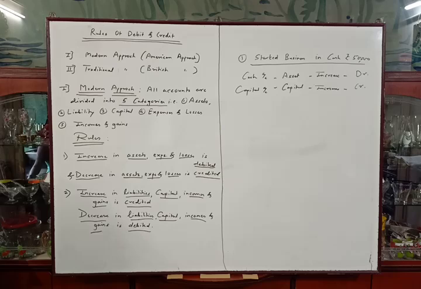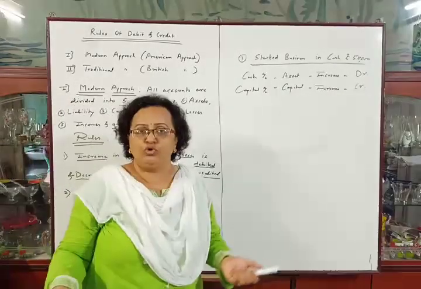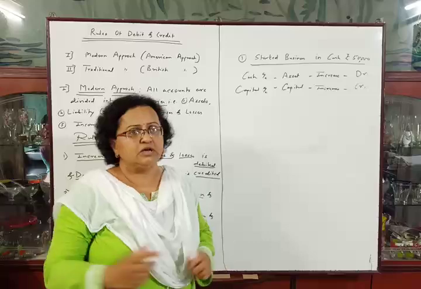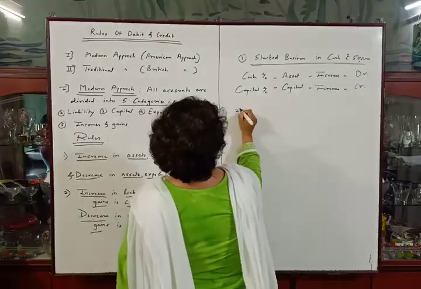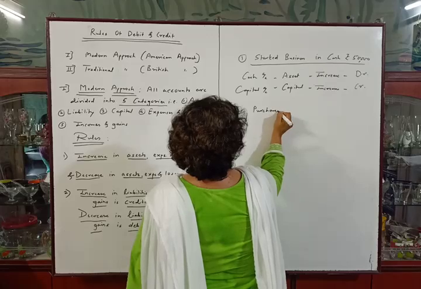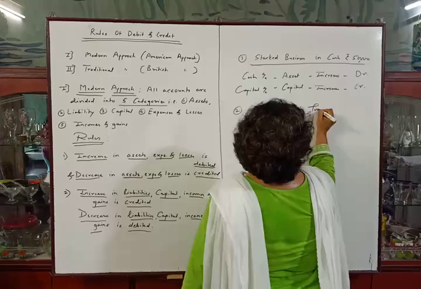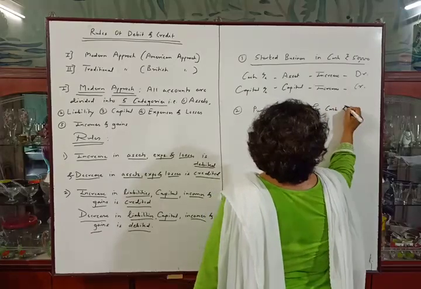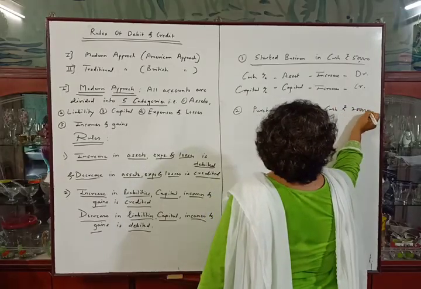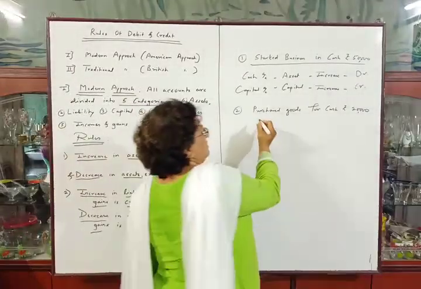See, any example we can take. So we will take the second transaction: purchase goods for cash, rupees 20,000.